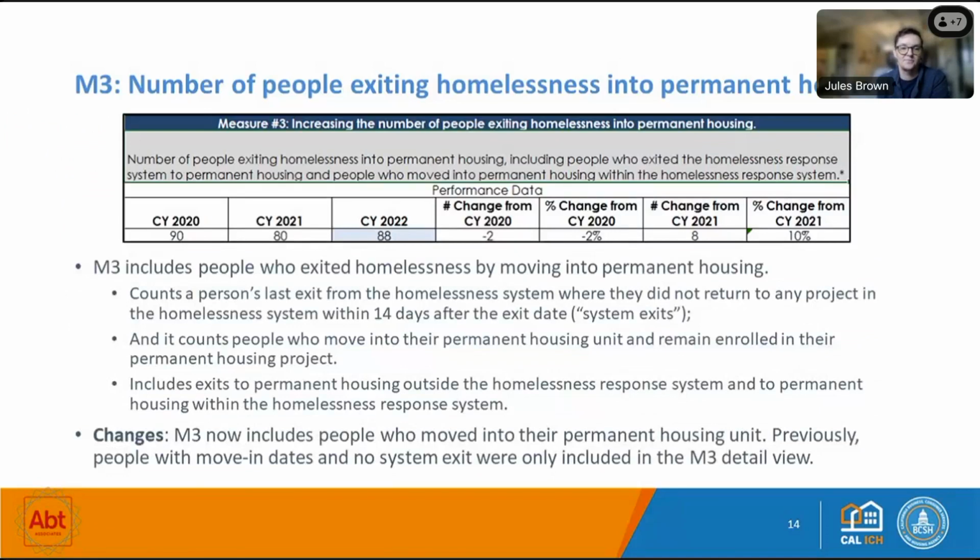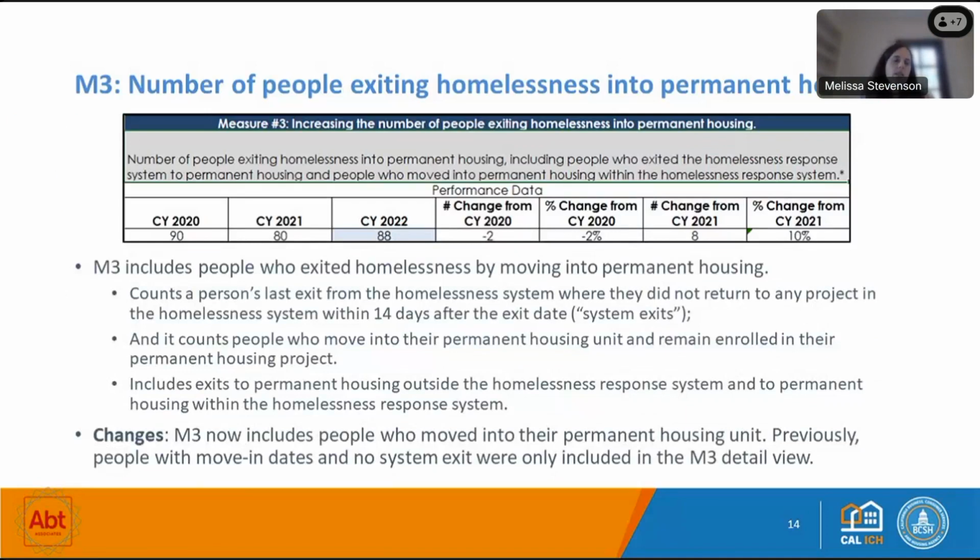Thanks, Jules. So yes, I'm going to talk about measure 3, which is often shorthanded to system exits, but officially it's the number of people exiting homelessness into permanent housing. That measure includes everyone who exited homelessness by moving into permanent housing during the report period.